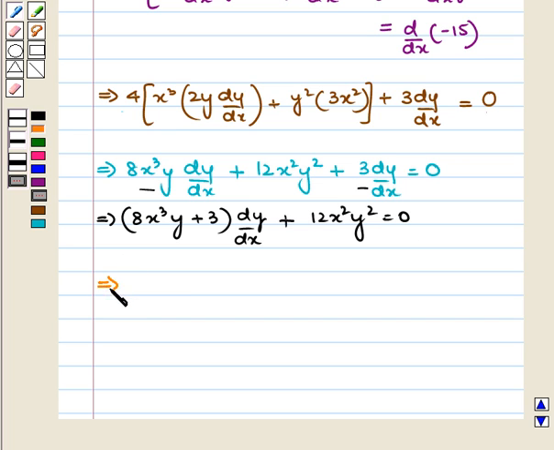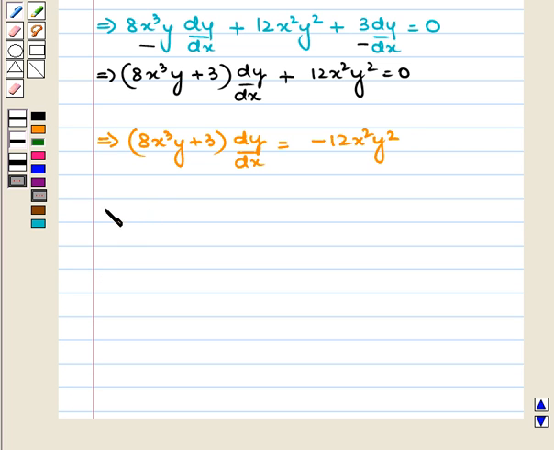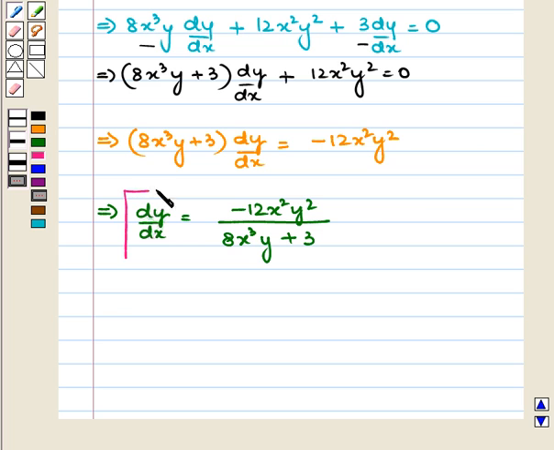This implies 8x cube y plus 3, the whole into dy by dx is equal to minus 12x square y square, which implies dy by dx will be equal to minus 12x square y square upon 8x cube y plus 3. This is the required differentiation.